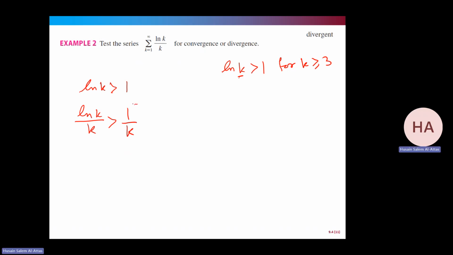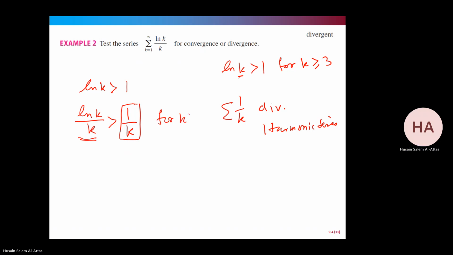This series diverges. It's the harmonic series, or a P-series with p equal 1. And this one is bigger than this one for k greater than 3. That will not make a difference, I will show you why. So that means this series diverges.